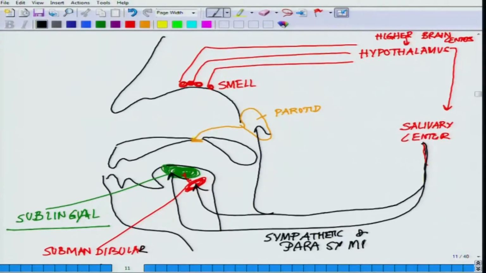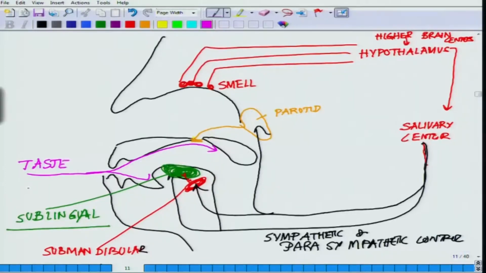Okay. So, this is where all these controls are taking place, and apart from it there is another set of controllers which are present here, whose receptors are all over the place. Those are the taste and touch, and they are all connected with the higher centers of the brain.